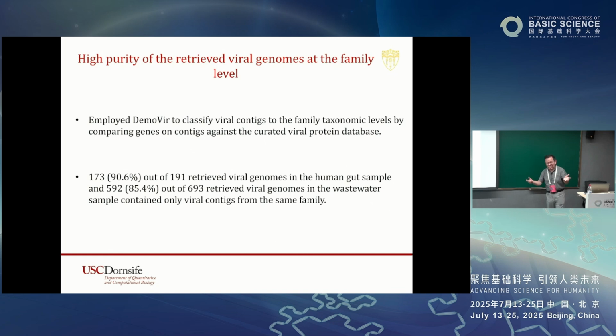And then it turned out that about 90 or 85% of these retrieved viral genomes have proteins that come from the same protein family, and from the same family. So indicating that what we get are also pure.